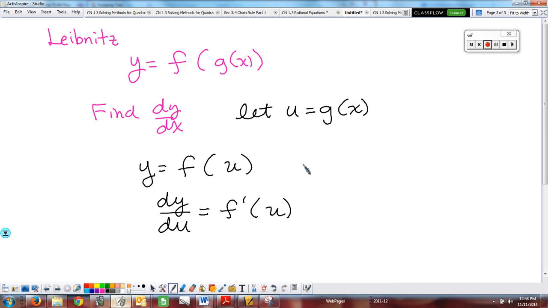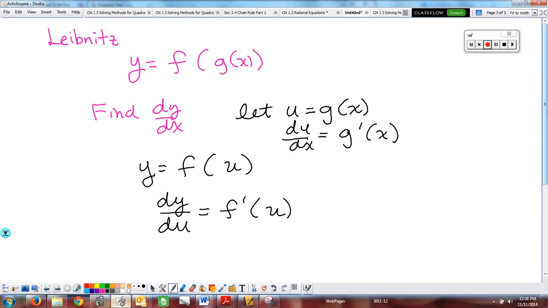Well, the trick is to recognize that du with respect to x is something I can easily calculate because u is a function of x. You can just calculate this by doing g prime of x.